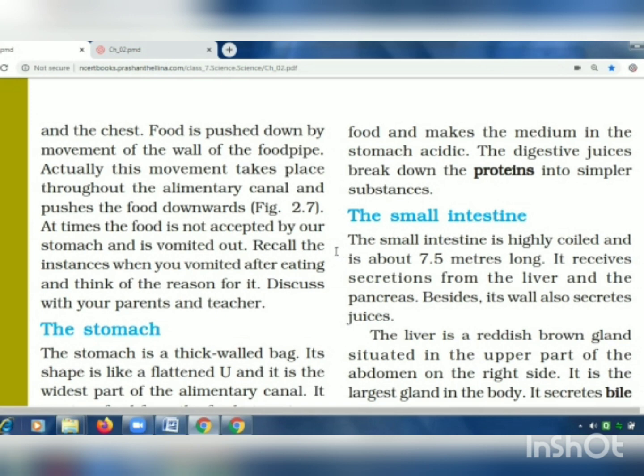The digestive juices break down, what is the function of digestive juices? They break down the protein present in the food into simpler substances.